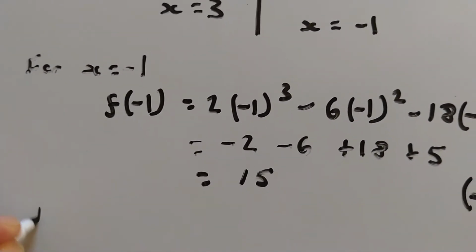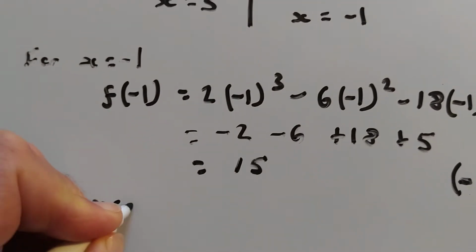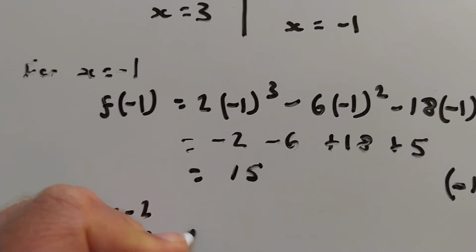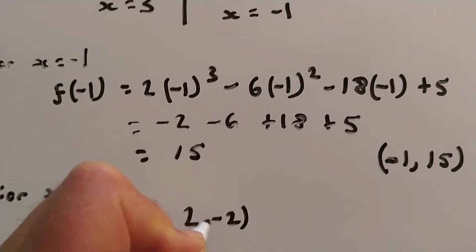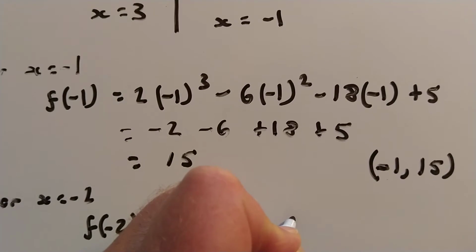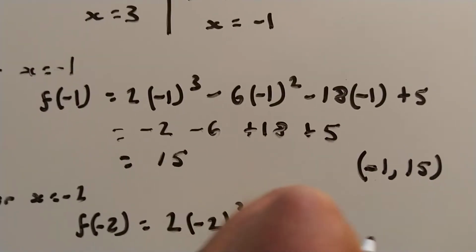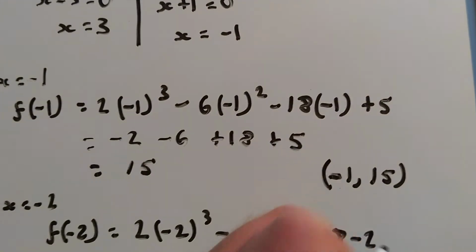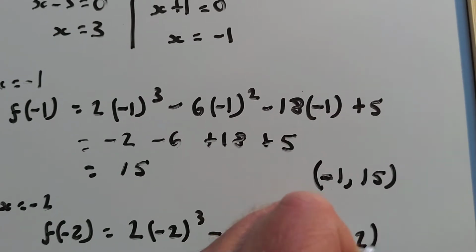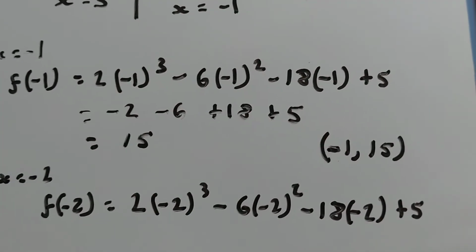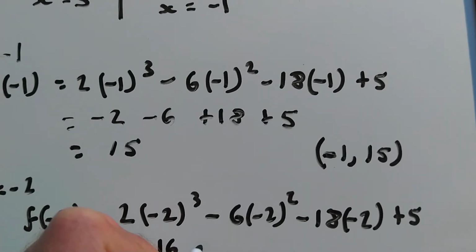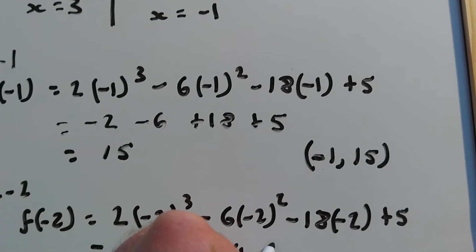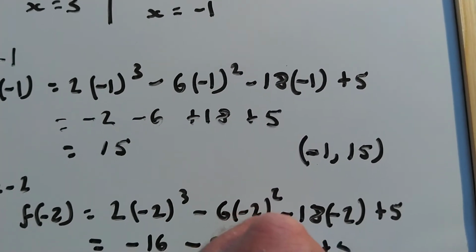So let's take x as negative 2. For x equals negative 2, that's f of negative 2: 2 lots of negative 2 cubed, take away 6 lots of negative 2 squared, take away 18 times negative 2, plus 5, which gives me minus 16, take away 24, plus 36, plus 5.